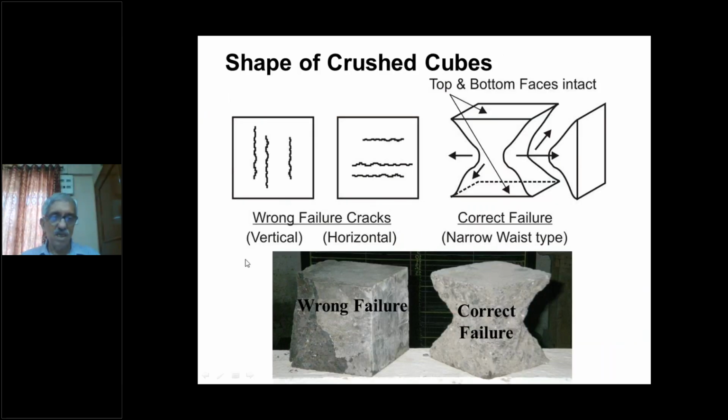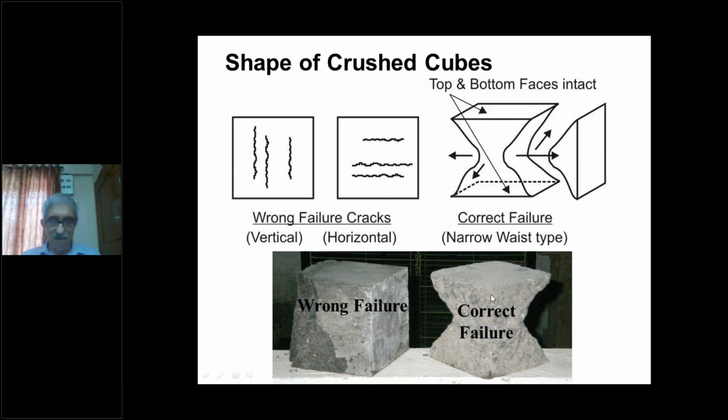Many a time the cubes are crushed in an erratic manner. The platens between which the cube is crushed are not properly leveled, or they are not planed properly, and you get erratic results. And when you get erratic results, the wrong failure is indicated.